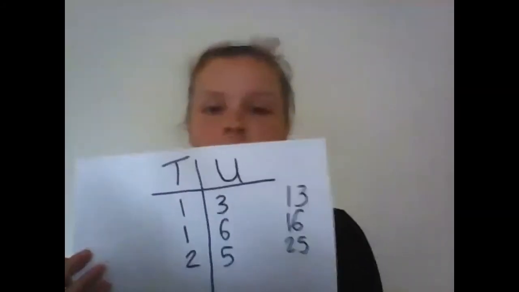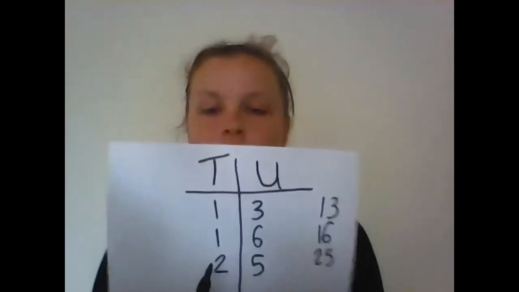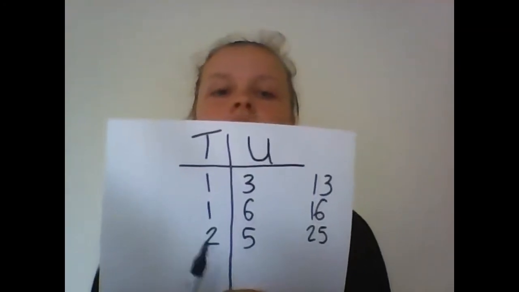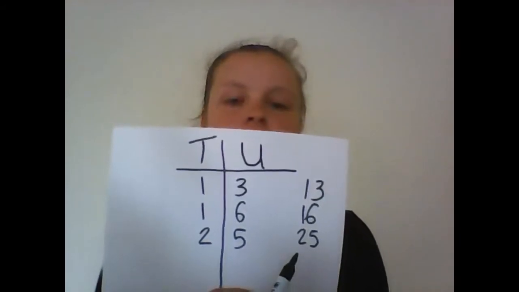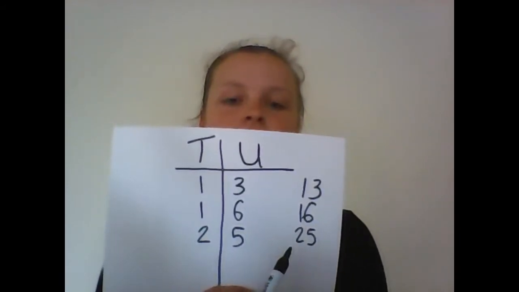Now 25 has how many tens? 2. Now how many ones does 25 have? Has 5 ones. Okay, so the tens always come first and then the ones come after it, and we write it down like this. So it's got 2 tens, it's got 5 ones, and we write it like this. The tens come first and then the ones come after it.